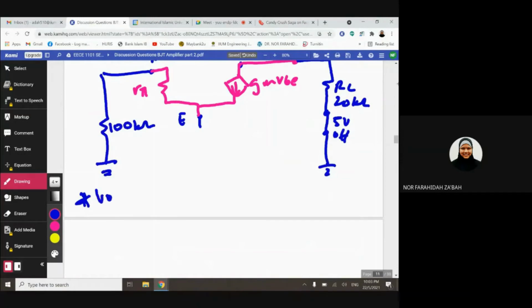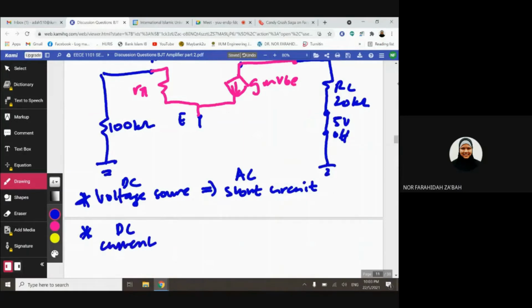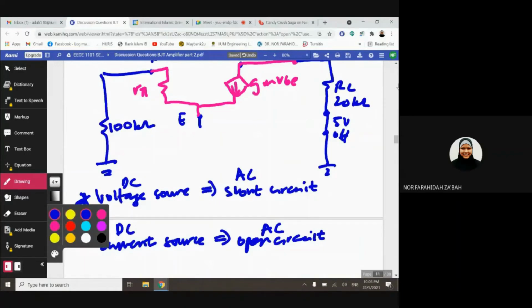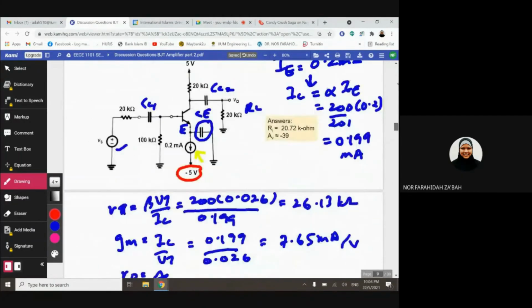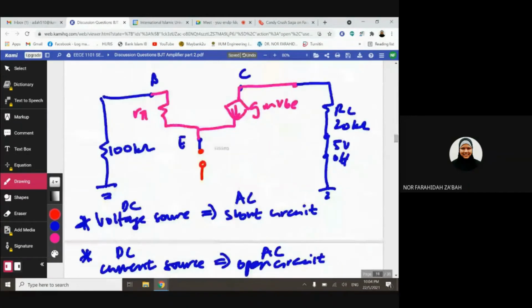So we know that a DC voltage source becomes a short circuit for AC. And for a DC current source, it will be open circuit during AC. So the current source will be open circuit, and then this voltage source will be short circuit. But what is the point? Because you have an open circuit already.